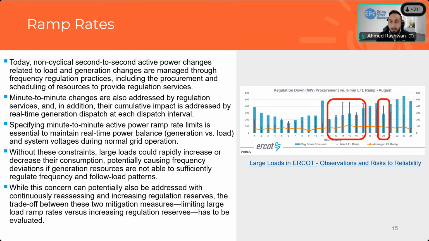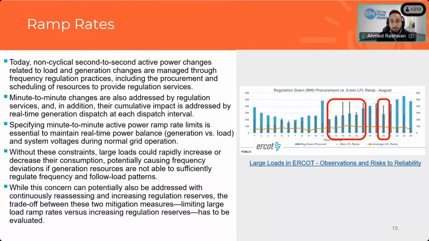And as we see further proliferation of these facilities, the expectation is there's going to be some stress on AGC if these behaviors are unmitigated or uncontrolled, or bounds put around them to ensure that there's a balance between the needs of the data centers as well as the ability for balancing authorities to control their area control error.